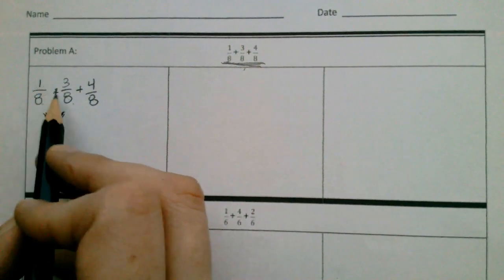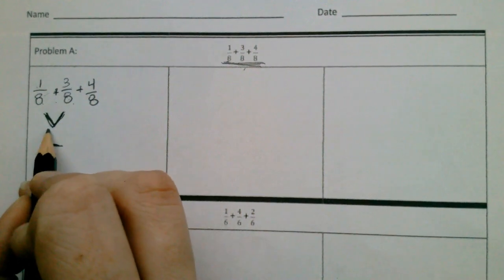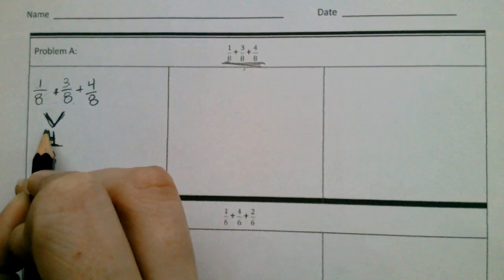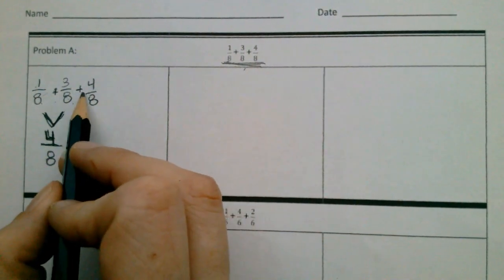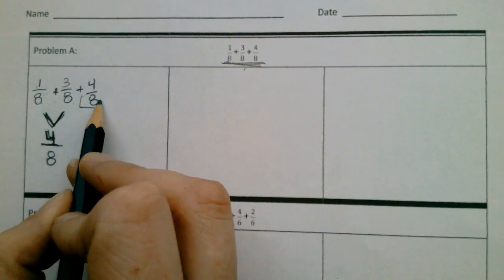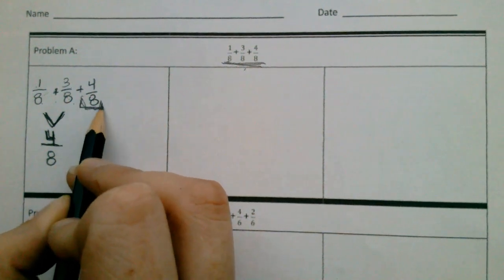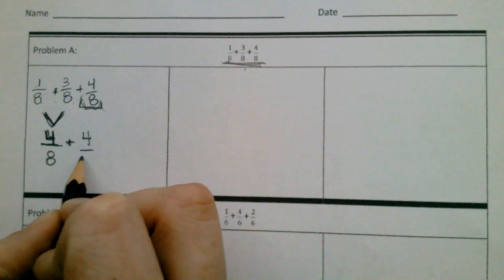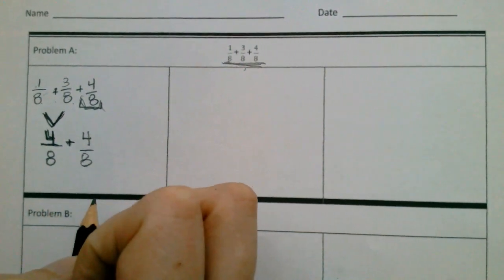Now, if I add 1 plus 3, that would give me 4. So I have 4/8 here, and I need to bring down what I didn't use yet. So we haven't added the other 4/8 to this problem.